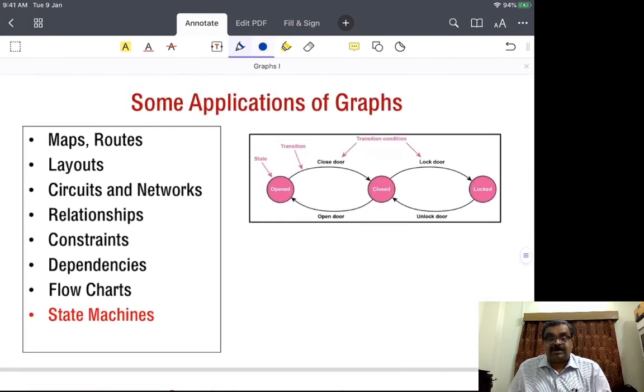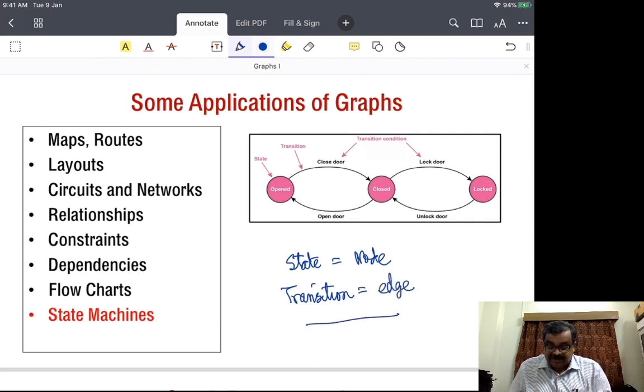Those who are working in areas related to designing of machines know that we design state transition machines, and these state machines consist of states and transitions, and each state is a node in the graph, and each transition is an edge in the graph. Typically, state transition graphs have cycles looping back to each other, and we shall see what properties they hold.